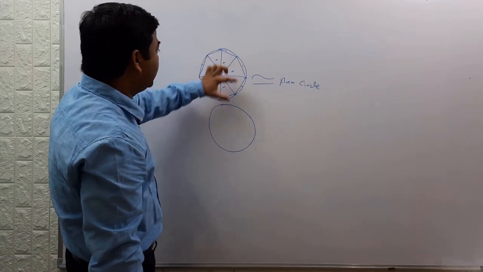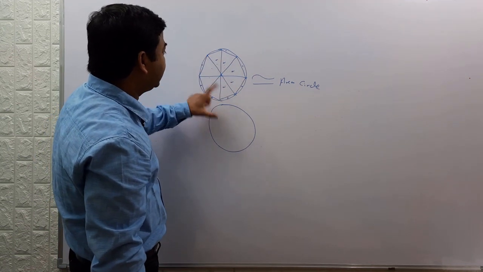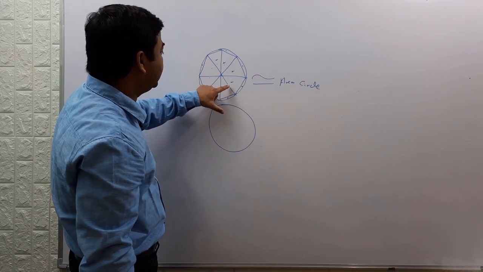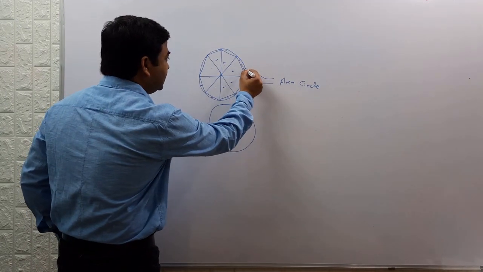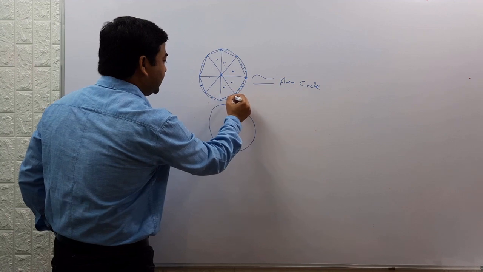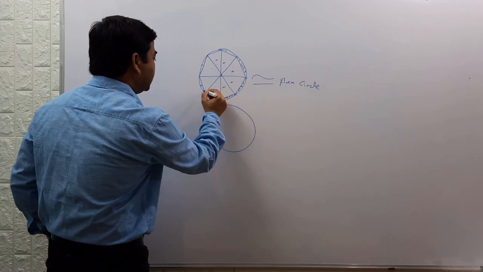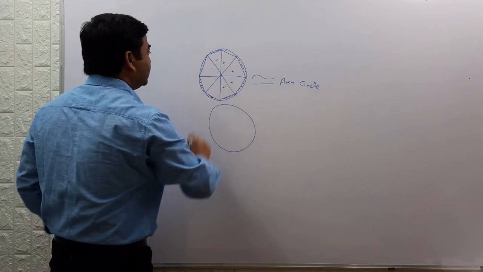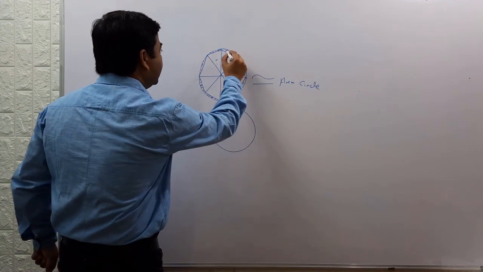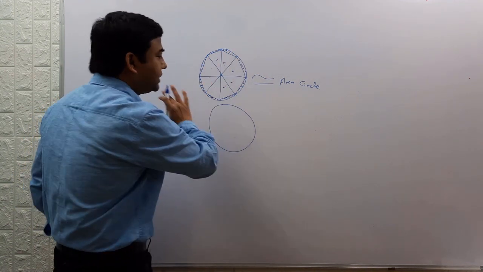Hence the area of the circle is not exactly equal to the summation of the areas of these individual triangles, because this area is left uncalculated, not considered while calculating the sum of the areas of the triangles.